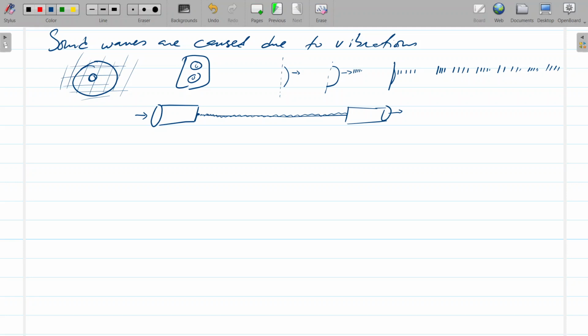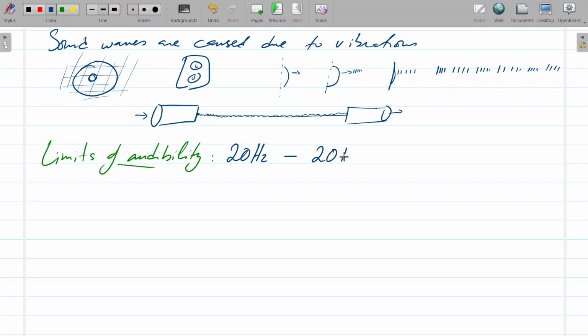What are the limits of audibility for humans? The ears can detect sounds ranging from 20 hertz, so that's the frequency, remember, to 20,000 hertz.